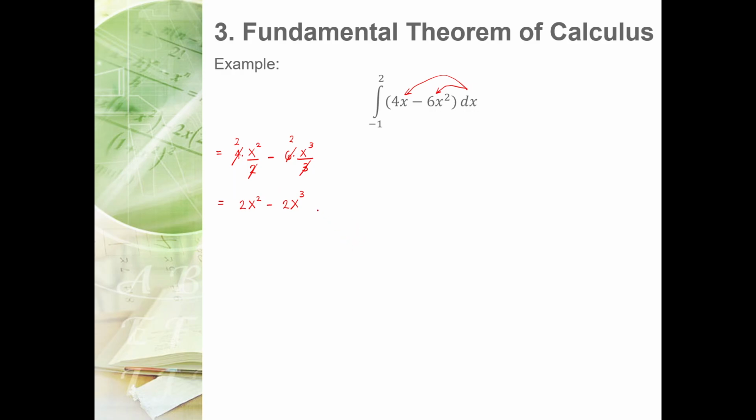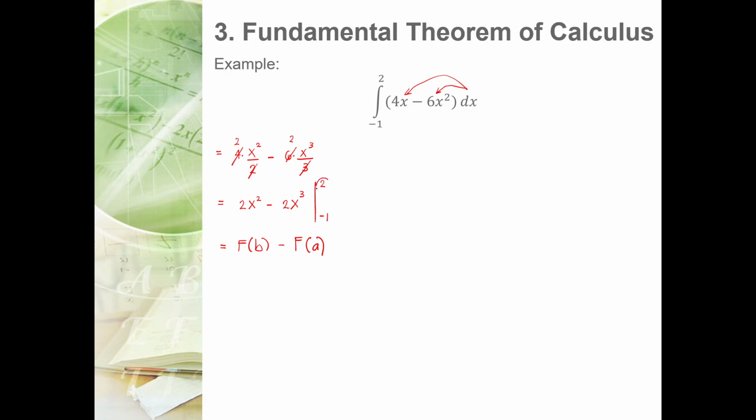What we need to do next, after getting the final answer, is write a long bar line on the right side, in this manner. Then write the lower limit -1, then upper limit 2. And then you apply the formula, that will be f of b minus f of a.